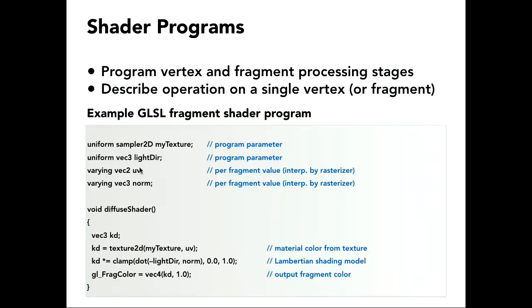This is the UV value for texture lookup, and then the surface normal vector for shading. And then inside the shader itself, there's a texture lookup here. There's a dot product that's happening here. And then this GL frag color is basically a keyword for the fragment, for the frame buffer value that you're going to overwrite or you're going to write into. Okay. So you can express all of these things.